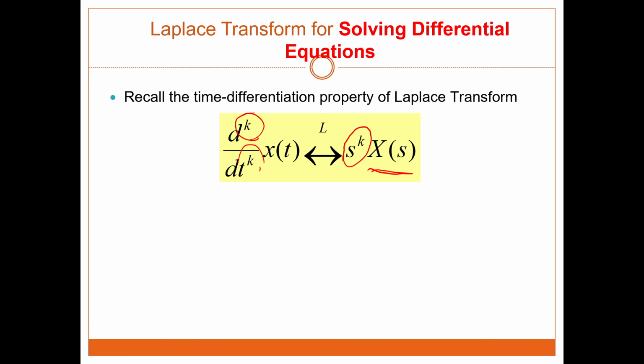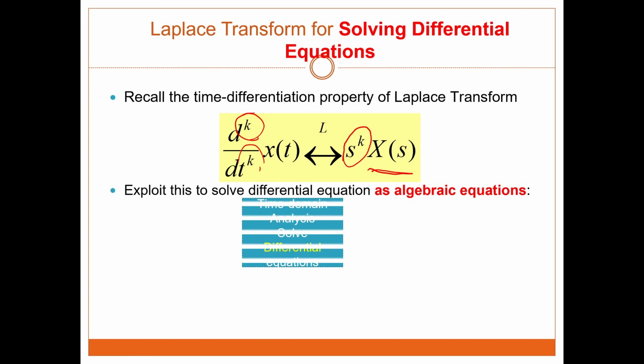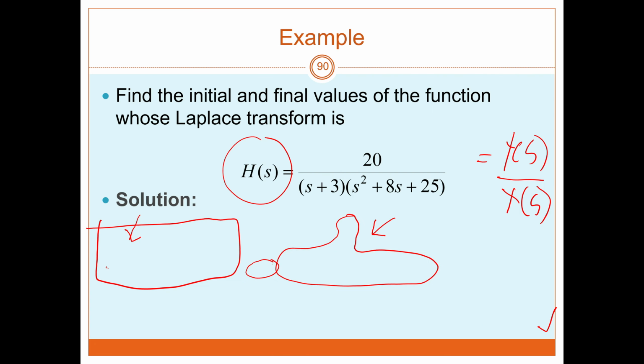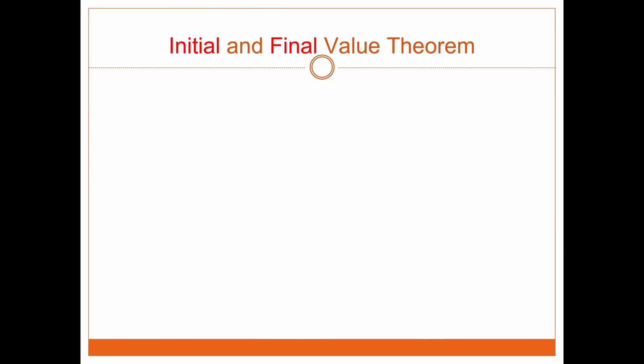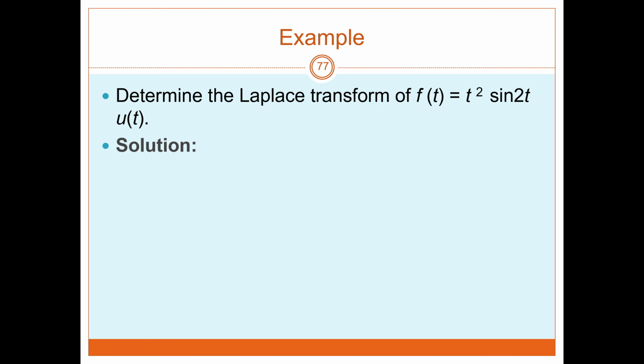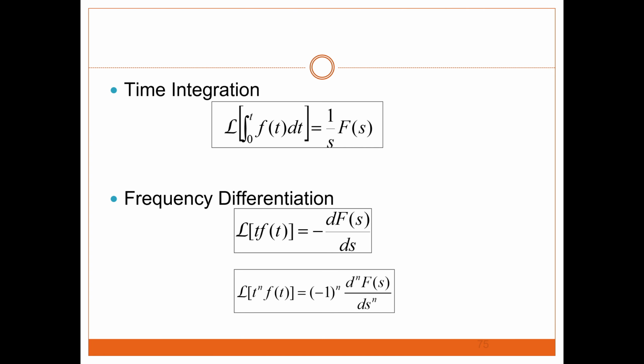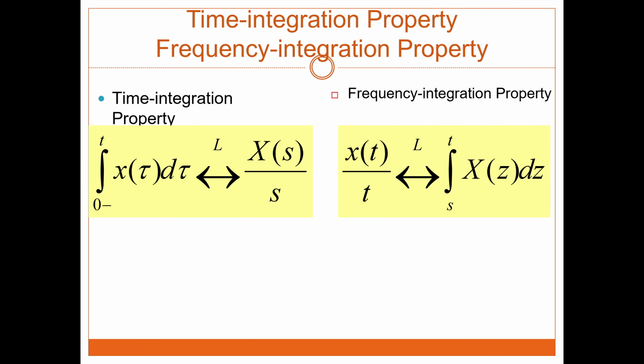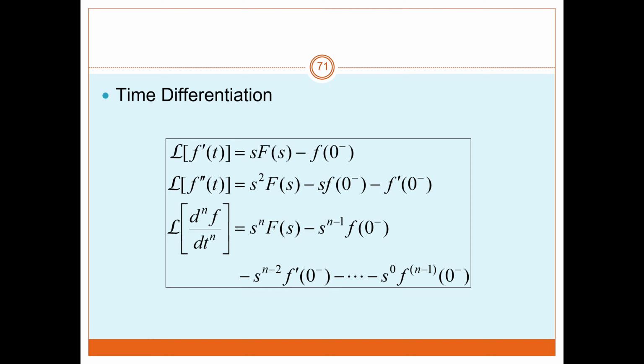And then we also have the full formula to solve the differentiation property, like this one. So we follow this one. If there is an initial condition, the first derivative and also the second.